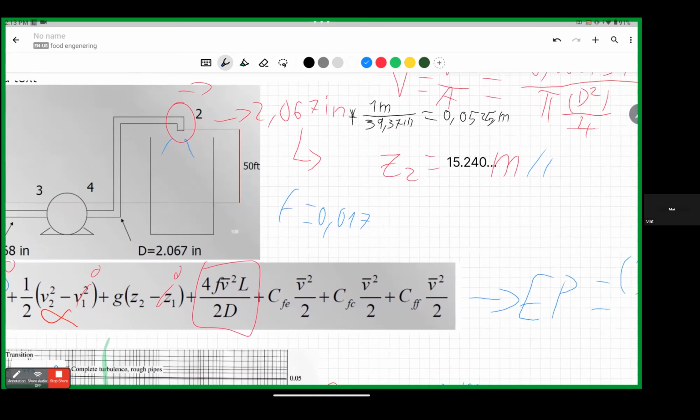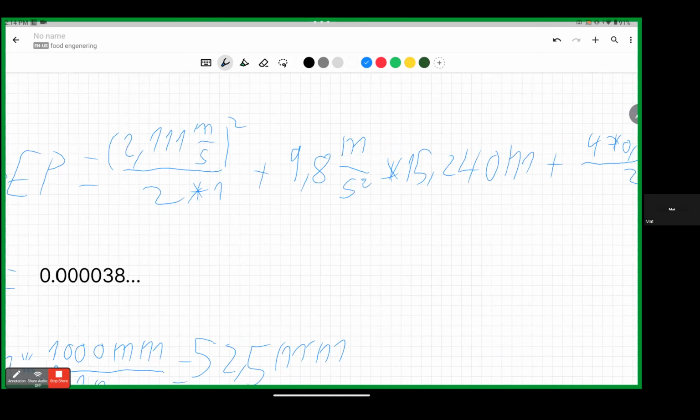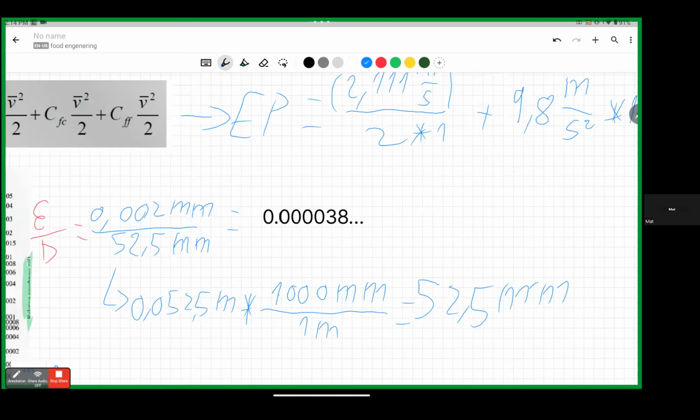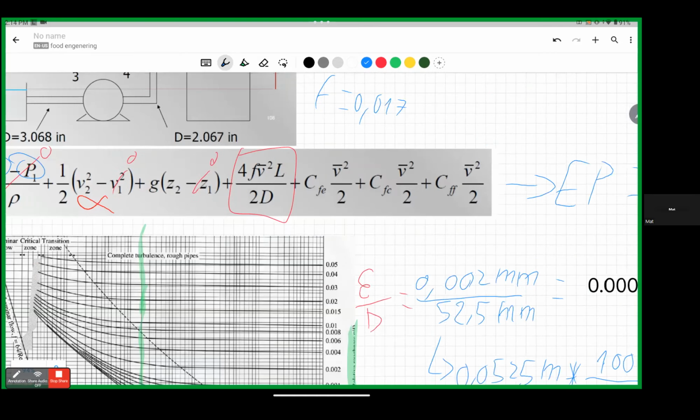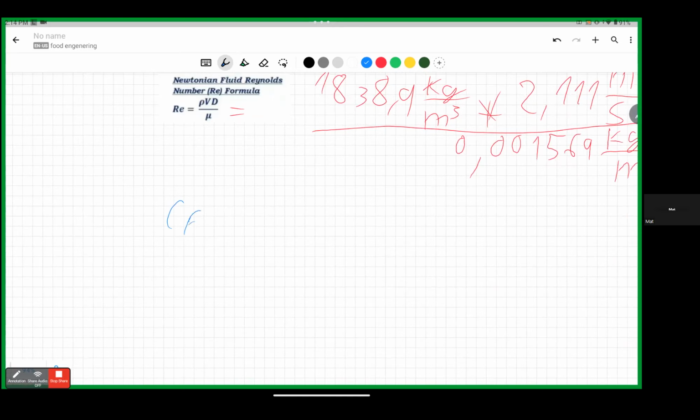Let me put the coefficient outside. For expansion, it will be one minus area 1 over area 2, squared.